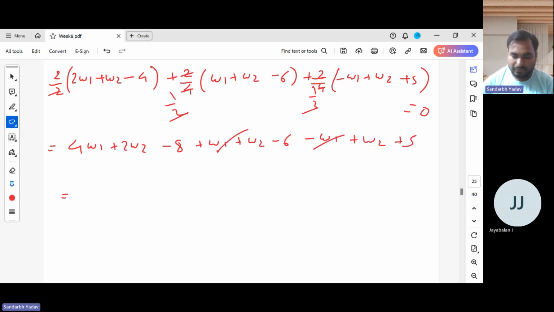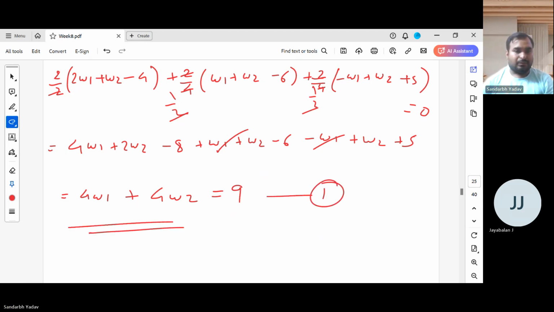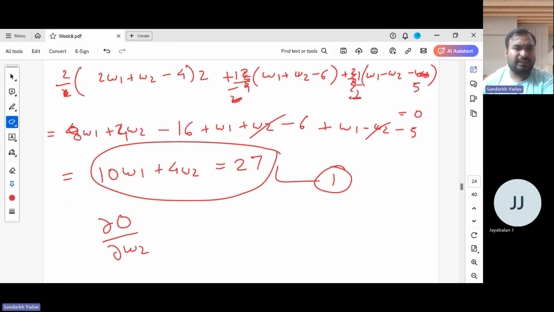So essentially we have 4W1, and for W2: 2 plus 1 plus 1, that is 4W2, and this is minus 8 and minus 6, minus 14, and plus 5, that is minus 9. So we send the 9 to that side, and this is our second equation. So we have two linear equations in W1 and W2, and we can solve them easily.